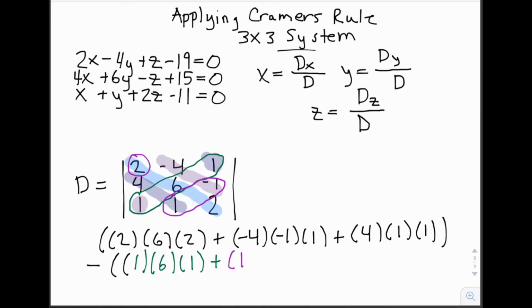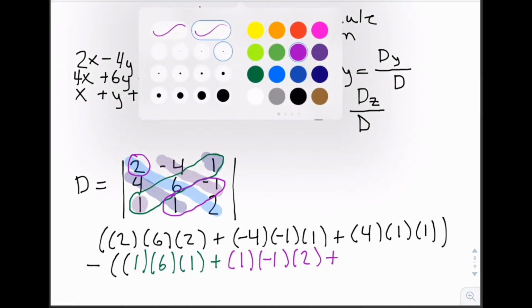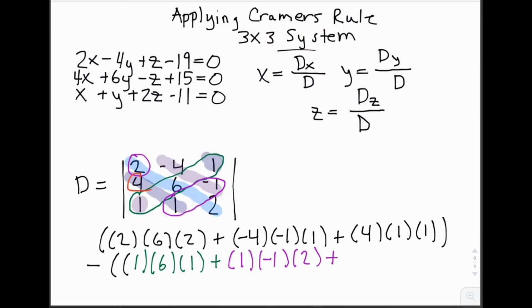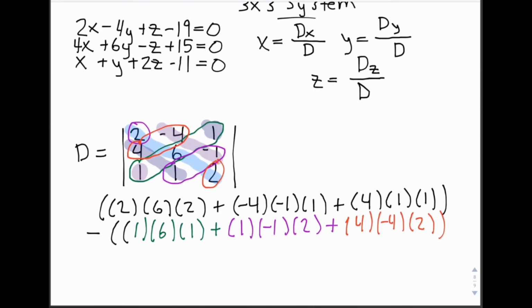And then add our last one. Our last one here is going to be this 4, -4, and then opposite corner of a 2. And we can close off those parentheses here.